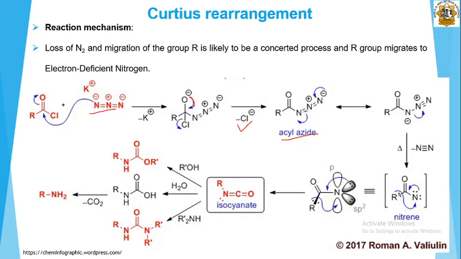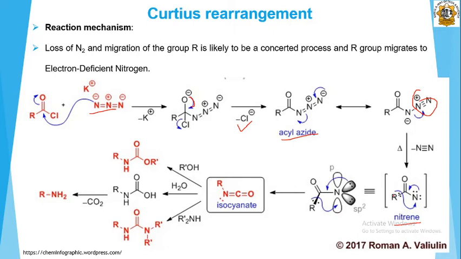Then this eventually loses nitrogen. Resonance stabilized, you can write it in this way or in this way. When we heat this azide, you will get the nitrene intermediate. This is the previously speculated mechanism.